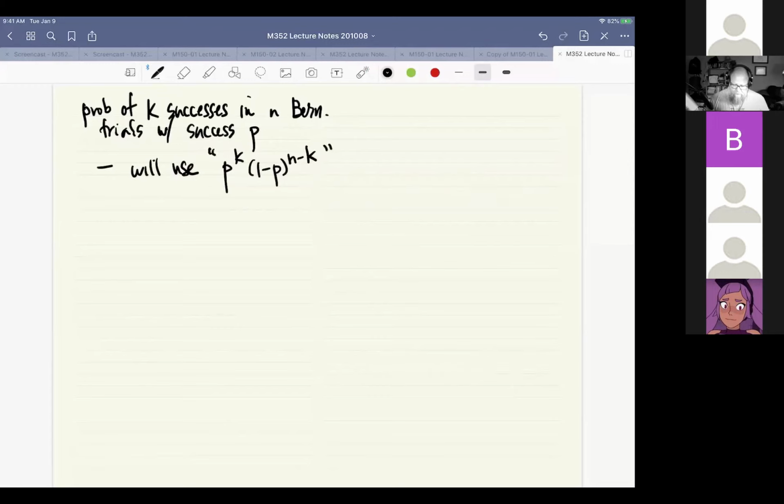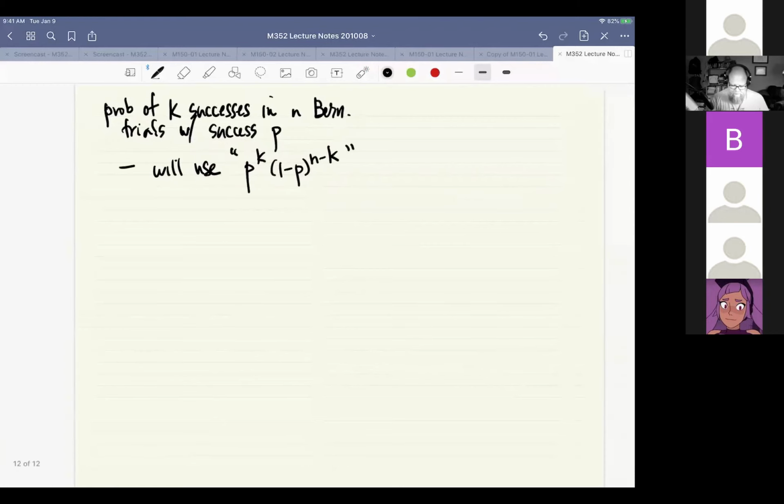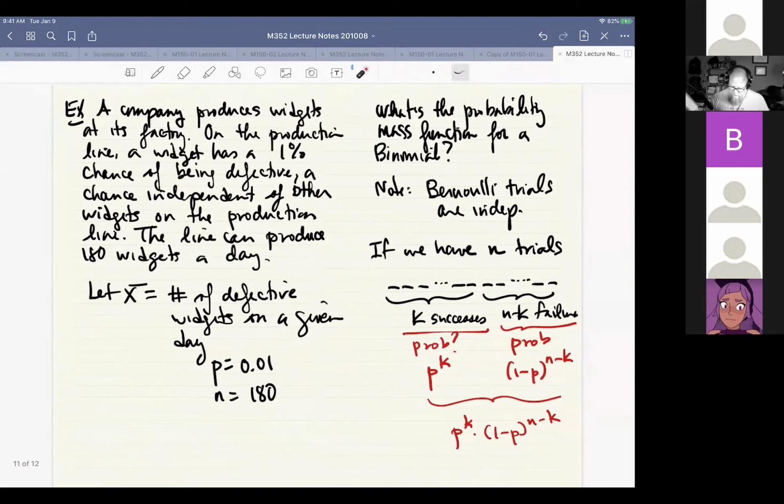Okay. So this is the probability of one specific arrangement. If you look back at my pictures here, I wrote down that the first k trials were successes and the last n minus k trials were failures. But I don't care about the order, right? And if I don't care about the order in which these occur, I need to count how many different ways I can have k successes among n minus k failures.